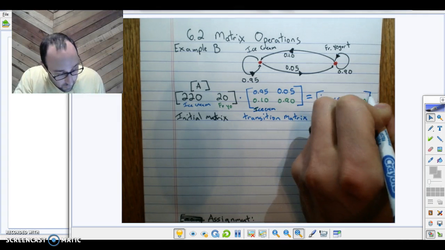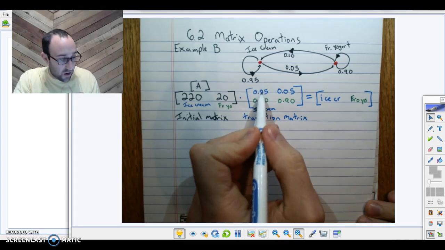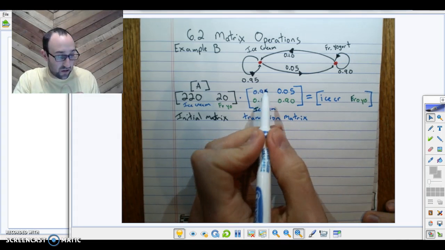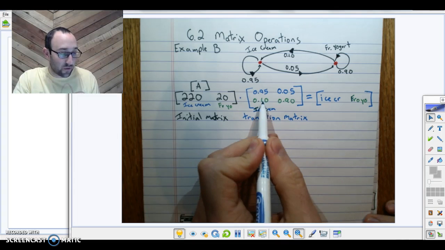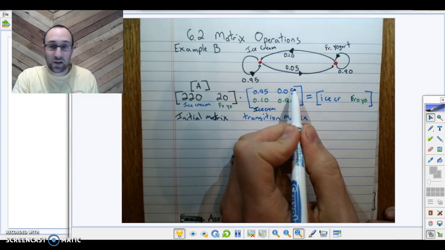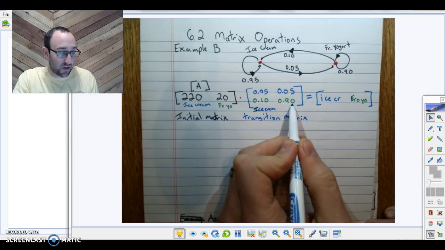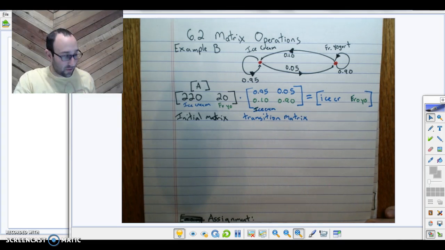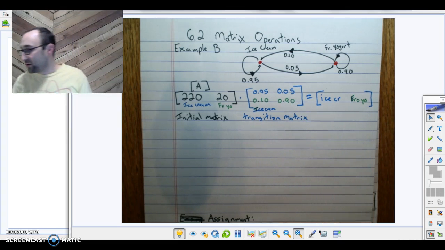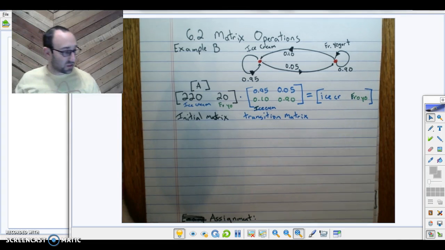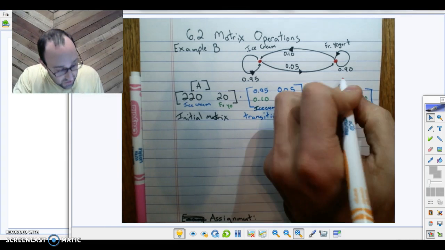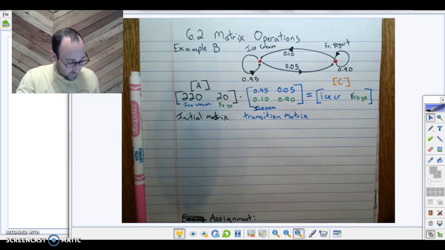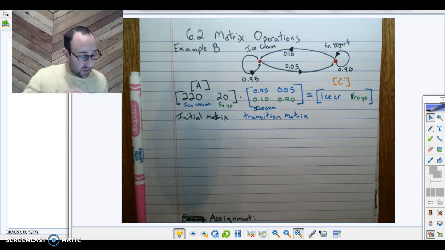So what we have here is how many are going to change from ice cream to ice cream. This is how many are going to change from frozen yogurt to ice cream. This one is how many change from ice cream to frozen yogurt, and this one says how many stay at frozen yogurt. So it's our initial matrix, our transition matrix, and then this one, we'll call matrix C, and we'll call the other one matrix B. Let's use blue because we did that before.